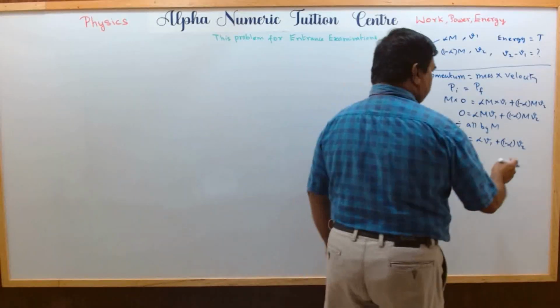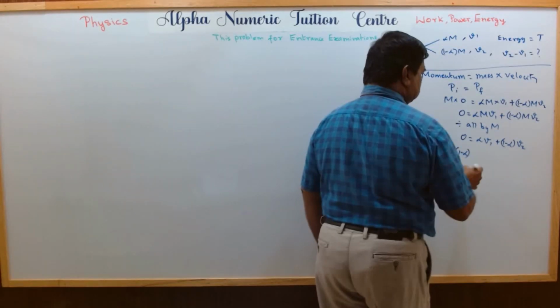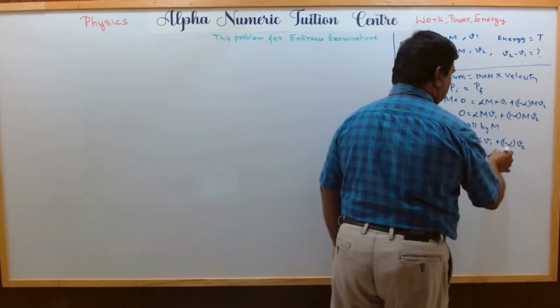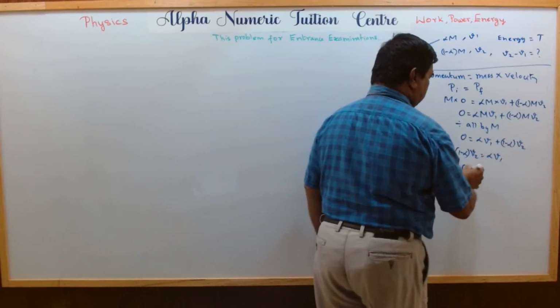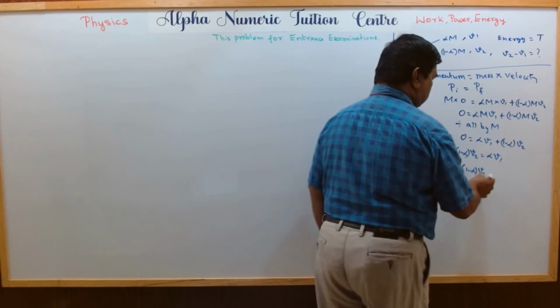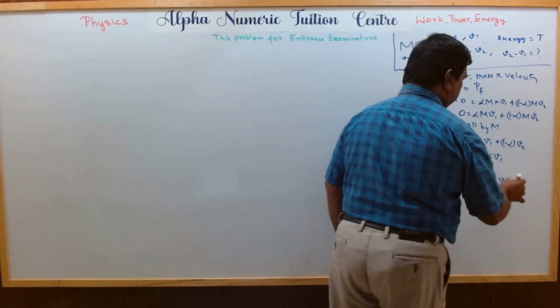Okay. Now this minus of 1 minus alpha v2 is equal to alpha v1, or minus of 1 minus alpha v2 divided by alpha is equal to v1.